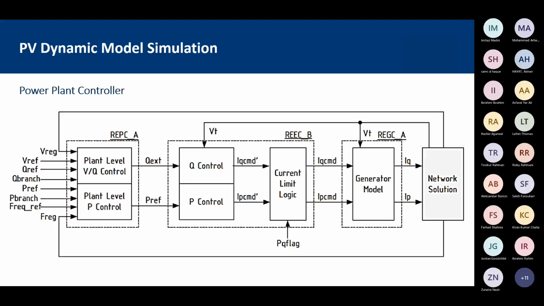So if the grid has some frequency or voltage disturbance, and then the inverter shuts down in response to those disturbances, that can destabilize the grid even more.